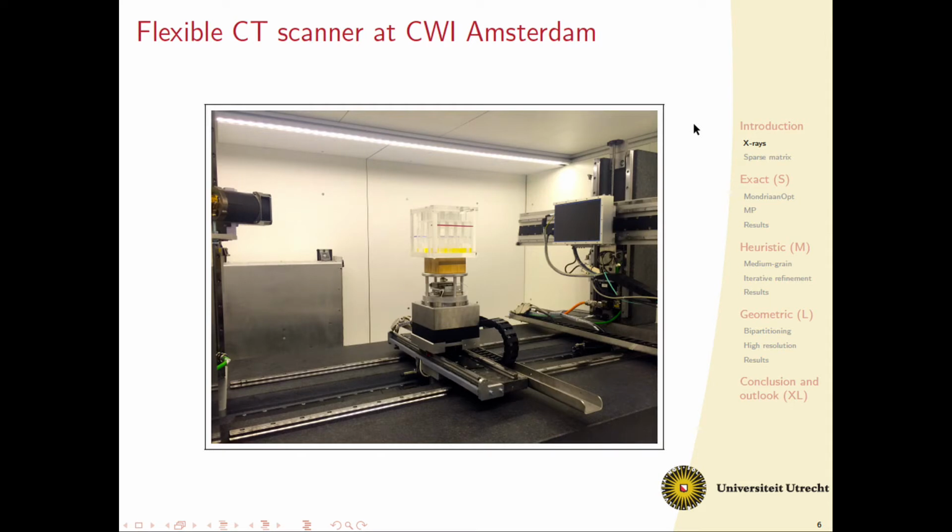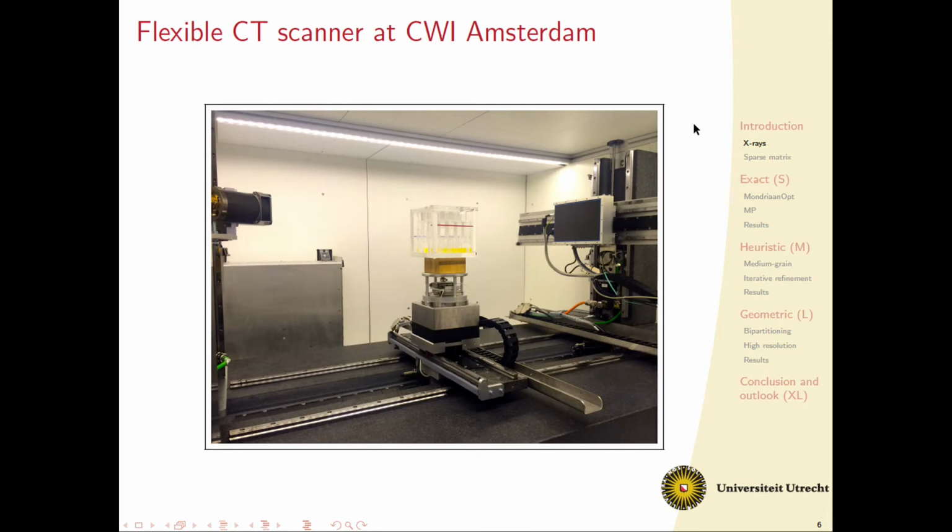Now, one day a week I spend also at CWI in Amsterdam. It's the Center for Mathematics and Computer Science, and there they bought a CT scanner, and it's very flexible, and that way we can do all kinds of experiments. So what you see here to the left is the source of the X-rays.